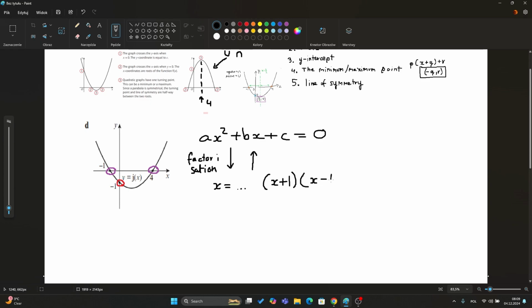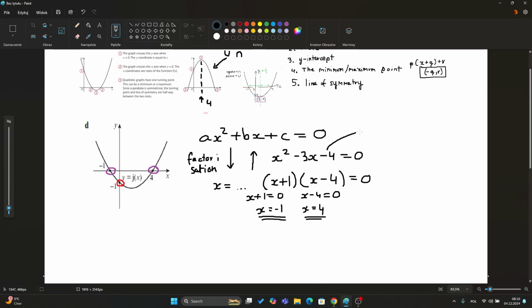where you work backwards. So if x equals -1 and x equals 4 are the roots of the graph, then you go backwards and you make x plus 1 equals 0 and x minus 4 equals 0. So that means our product is (x plus 1)(x minus 4) equal to 0. Now if we expand that, it becomes x squared minus 3x minus 4.